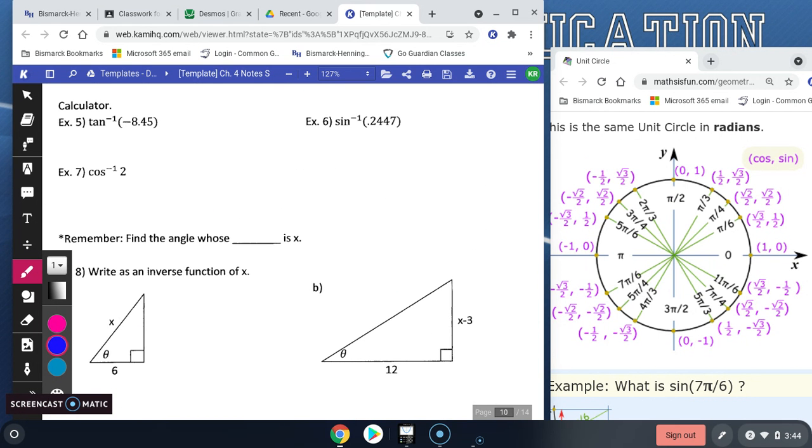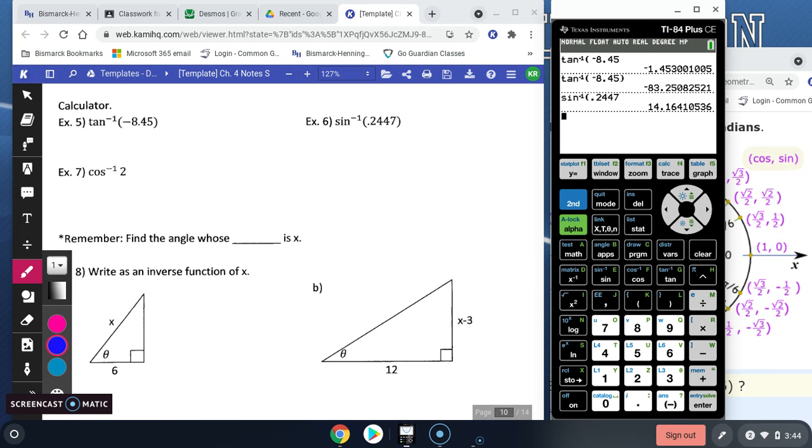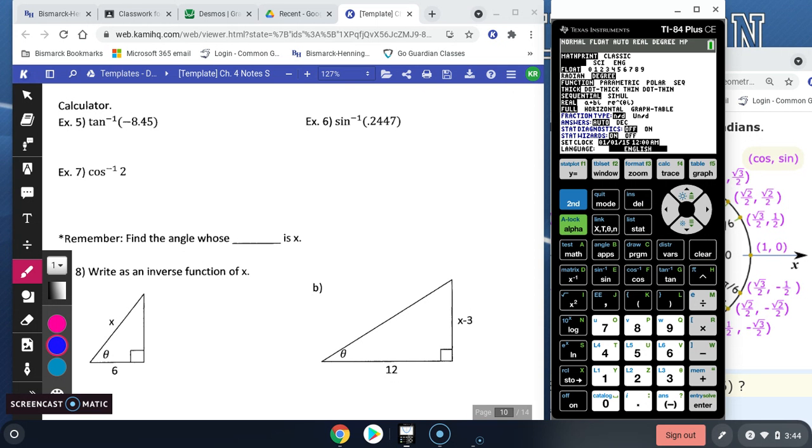Okay, calculator. On your calculator, you can also find the angle measures. If you just turn on your calculator, then most likely you are going to be in radian mode.